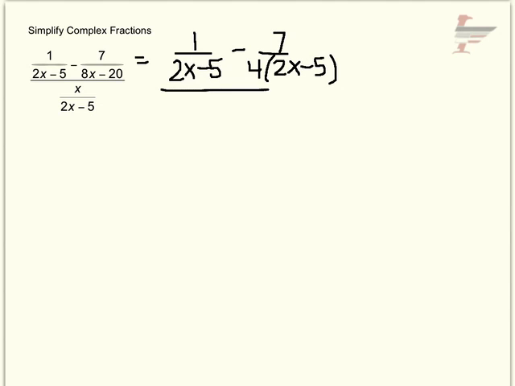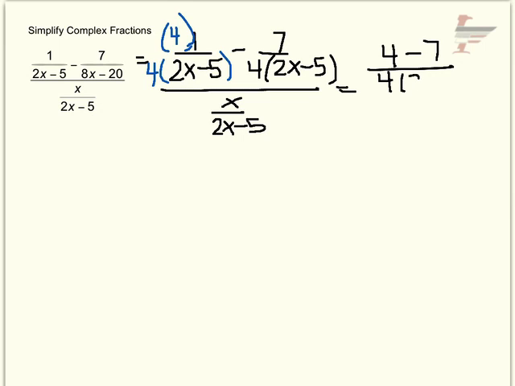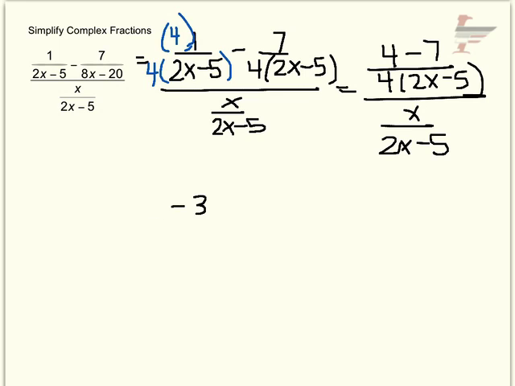And I'll just rewrite that denominator. So then the LCD I can see really quite easily. They have a 2x minus 5 in common and then a 4. So the first fraction just needs a 4 to match. So I'm going to multiply the top and the bottom by a 4. And that will give me, when I subtract, 4 minus 7 over 4 times 2x minus 5. And 4 minus 7 is negative 3.